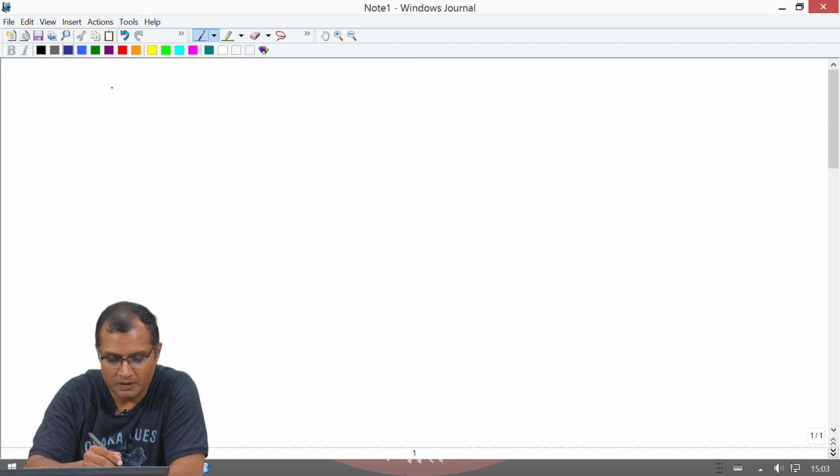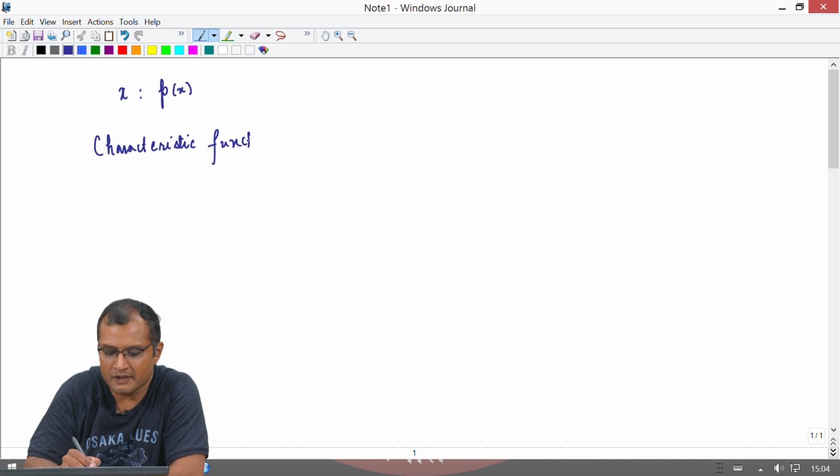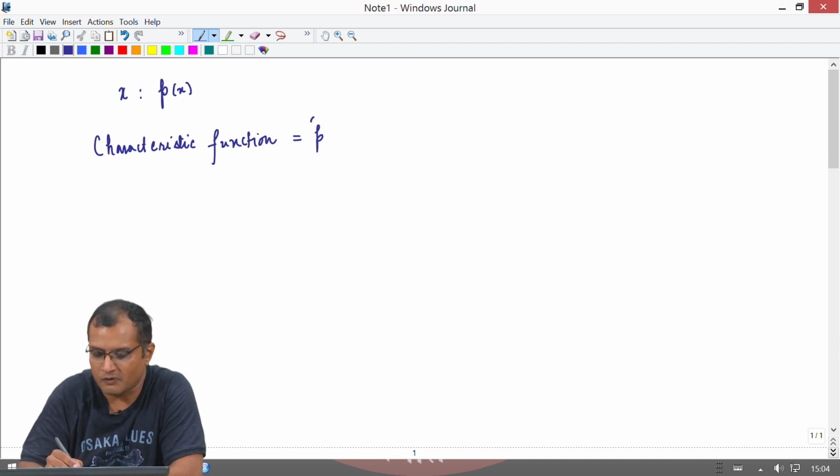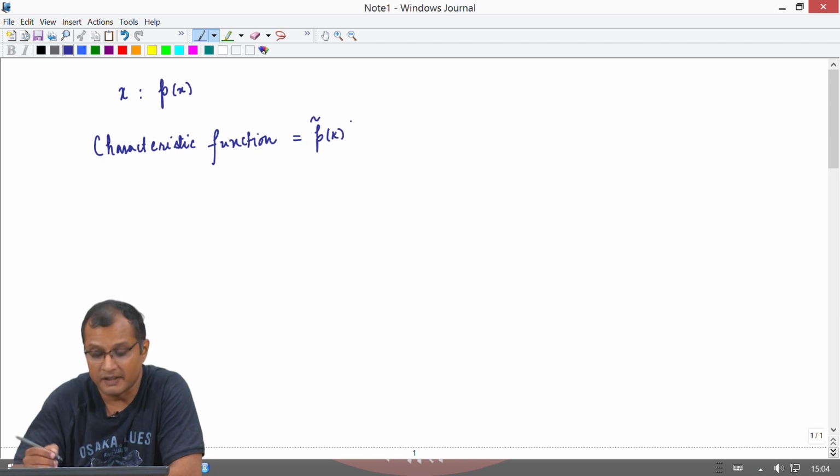So, in the last class we saw that for every random variable x which is distributed with Pdf p of x, there exists a characteristic function that serves as a generator of moments. Now, the characteristic function is nothing but a Fourier transform of the Pdf, and this was defined as p of k.